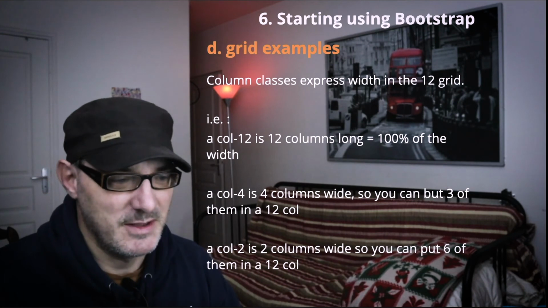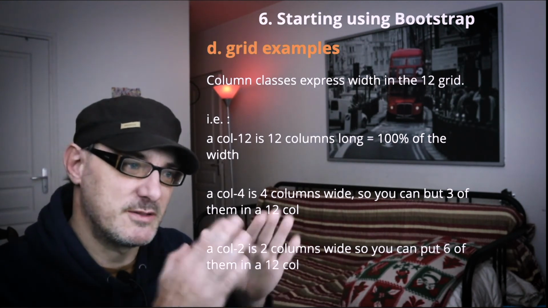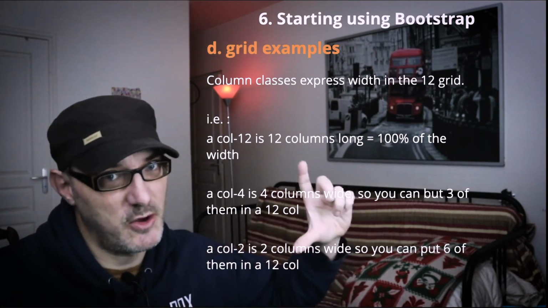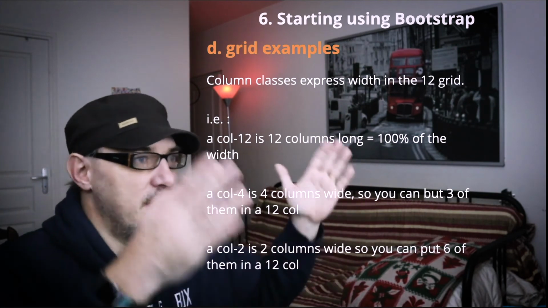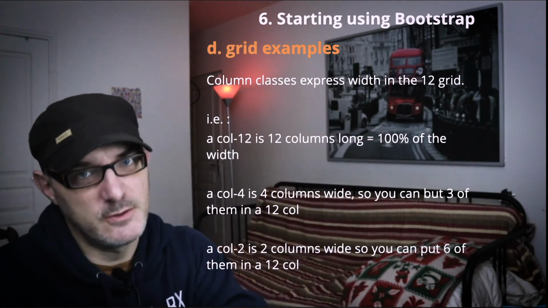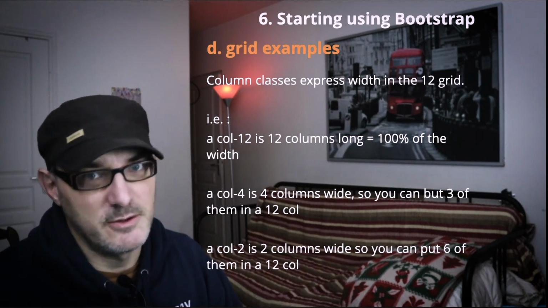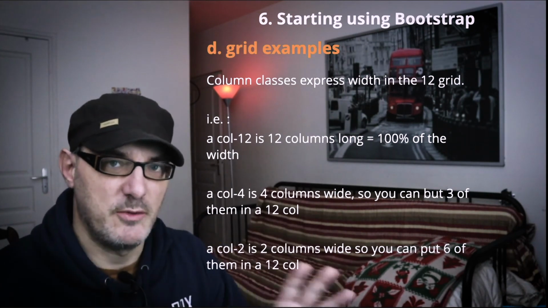That's how it works. A col-2 means it's a col that's 2 columns wide, which means you can put 6 in a 12 column. And you can mix and match and say do 8 columns and then 2 and then 2, or 4 and 3 and 3 and 2, or whatever. And that allows us to create the structure on the page.